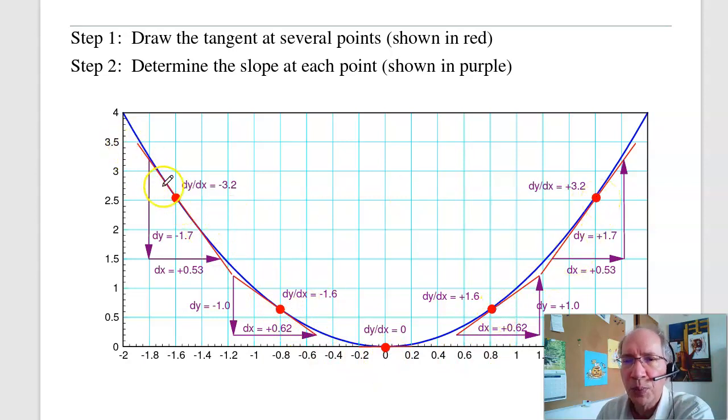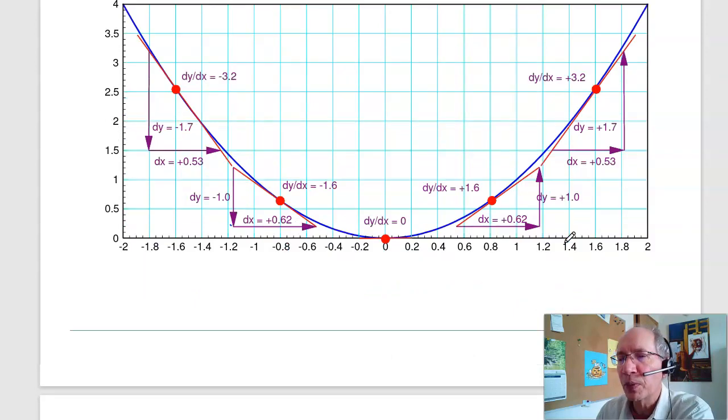At each point, you draw the tangent and then find the slope. The slope is change in y over change in x. So here the slope is minus 3.2. Here the slope is minus 1.6. Slope is 0, plus 1.6, plus 3.2. So that's the slope at a couple points.